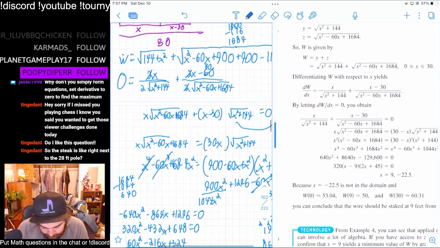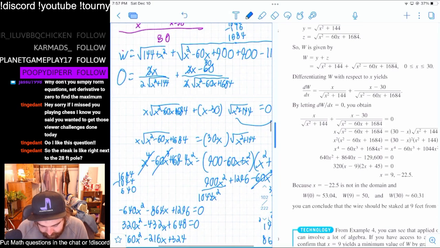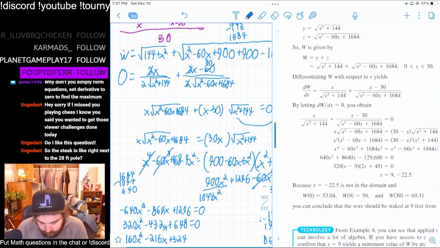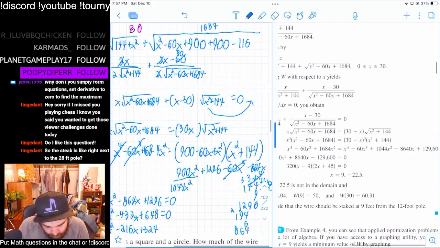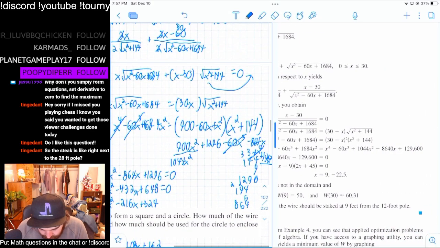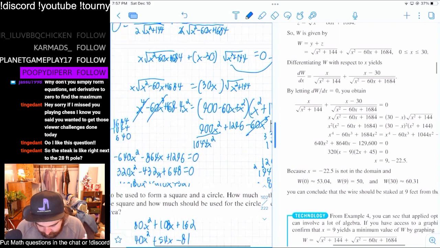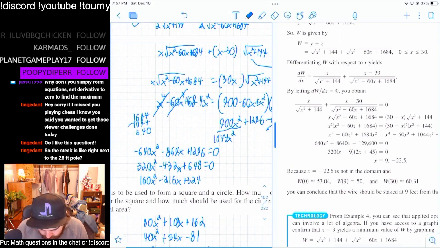So I did that. On the left, they got x to the fourth minus 60x cubed plus 1684x squared. That's what I got. Well, let's just see what they got it down to here. Oh my god, did I drop zeros? I dropped zeros.